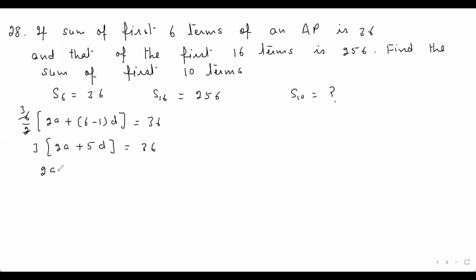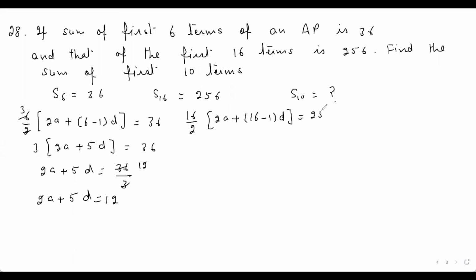It means 2a plus 5d is equal to 36 by 3. That is 2a plus 5d is equal to 12. Now S16 is equal to 256. It means 16 by 2, 2a plus 16 minus 1 d is equal to 256.